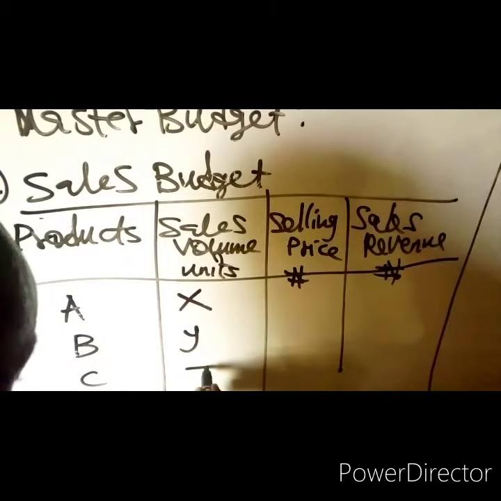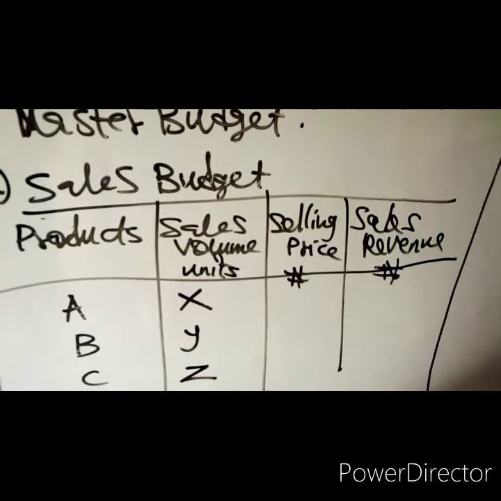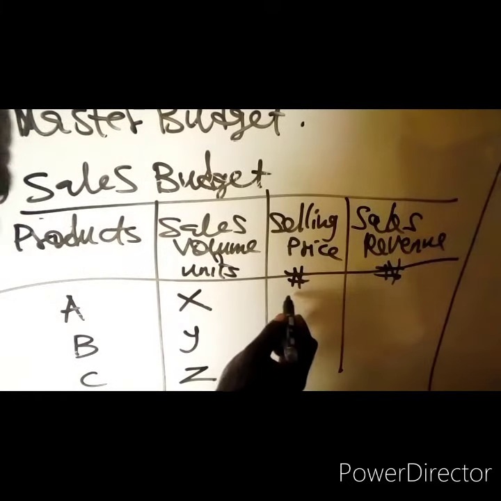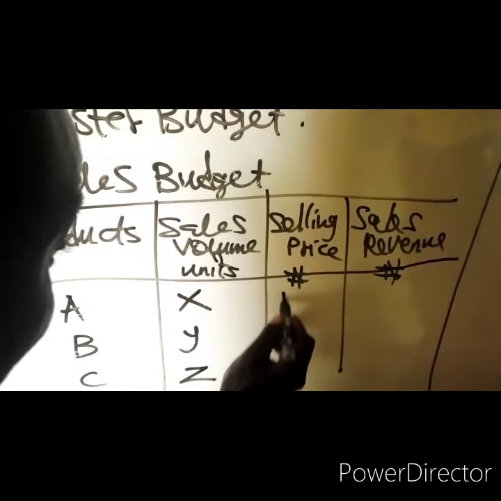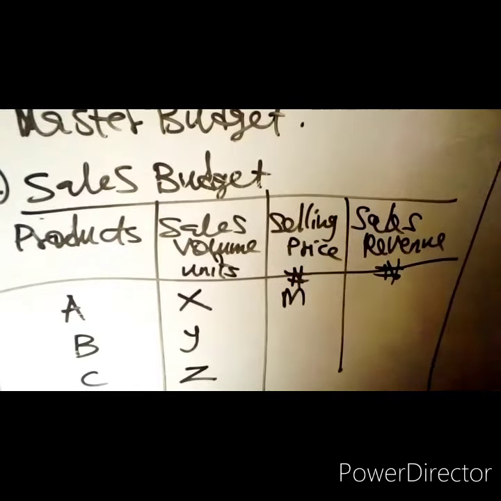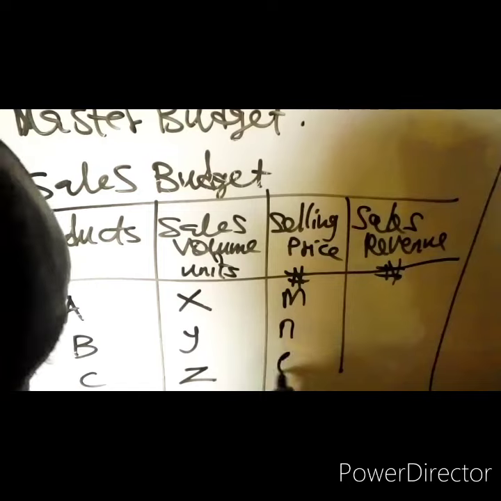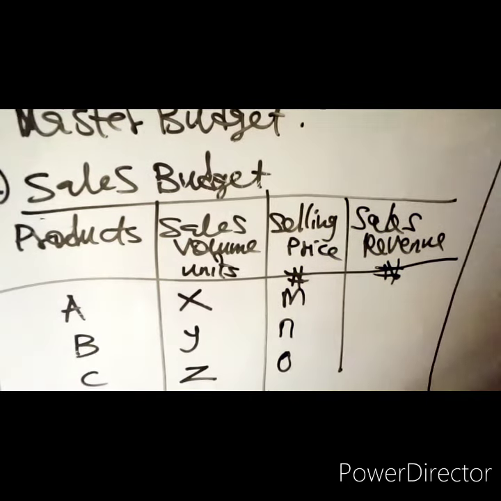And the quantity of product C budgeted to be sold is Z units. Now, the selling price of product A is M naira. The selling price of product B is N naira. And O naira is the selling price of product C.